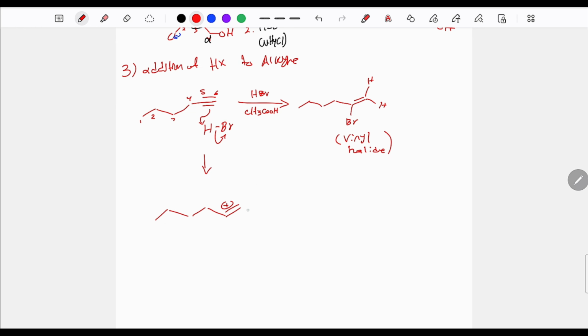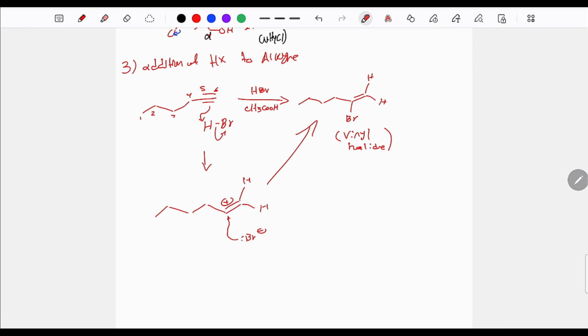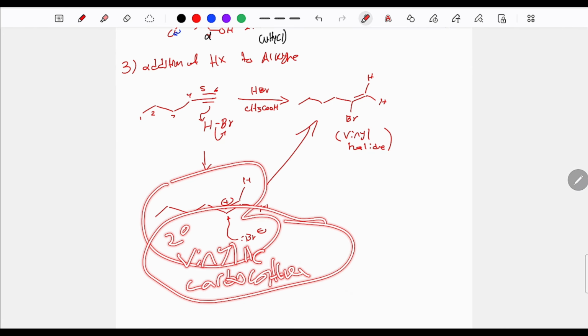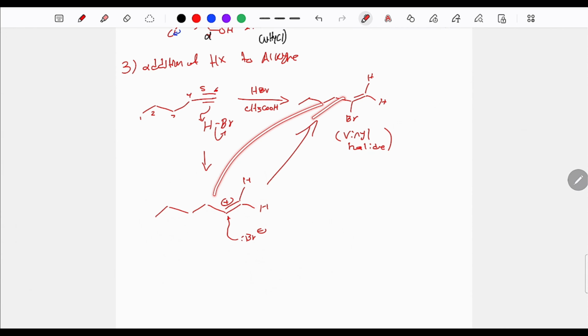There will be a positive charge here, there will be an H and an H, and your Br minus will start attacking there, and you generate your product that way. So this is your mechanism, and this right here is my secondary vinylic carbocation. So you see right here, my secondary vinylic carbocation got me here.